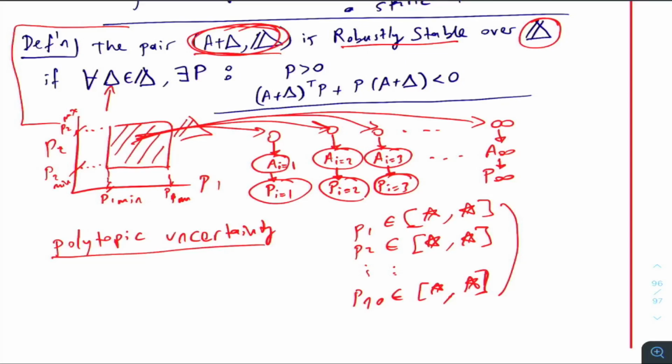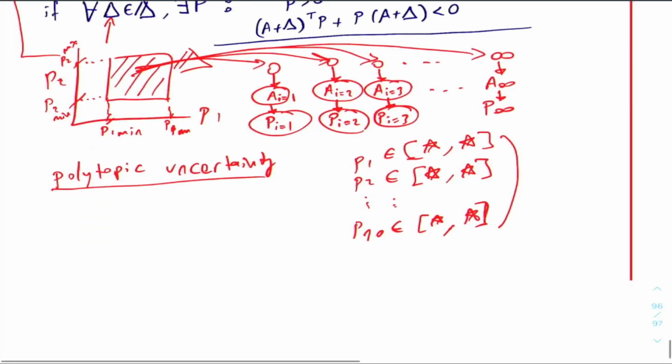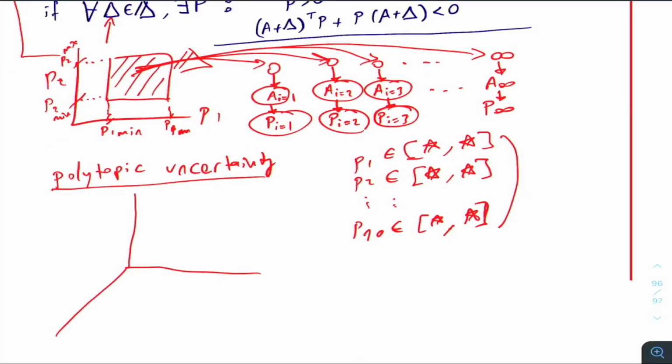Okay, and also it doesn't have to be like a cubic geometric object. For example, it can also be something like this: P1, P2, and P3. Something like this one and this one.